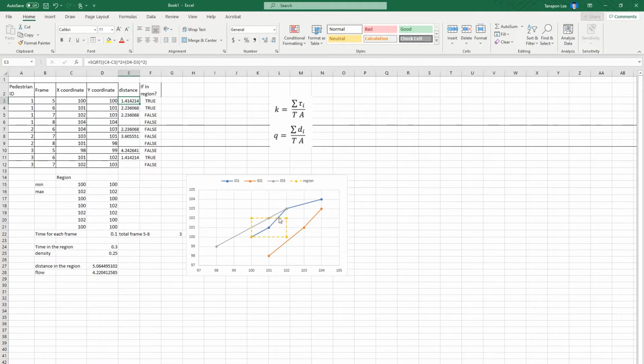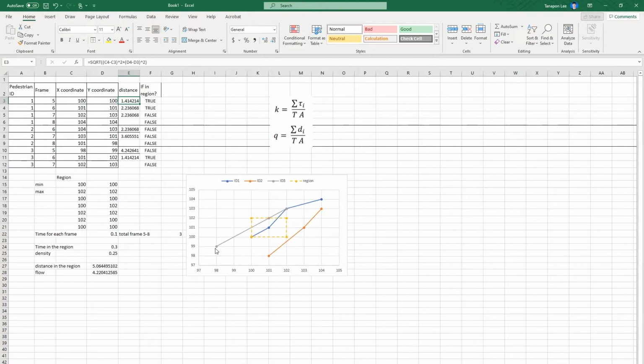So the same ideas go for pedestrian ID 3. So if you look at him, first iteration, he starts from this point, and then at frame 5 to frame 6, he is outside, but at the end, at frame 6, he is inside these regions. And from 6 to 7, he spends time inside these regions, just briefly.